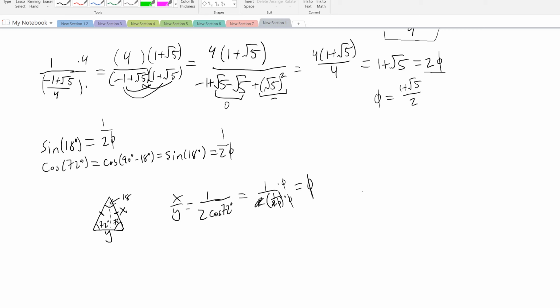Certainly I didn't expect that the first time I saw this, but that shows that to construct a pentagram, you need to be able to construct a golden segment. That's part of why this number was so intriguing to the Greeks.